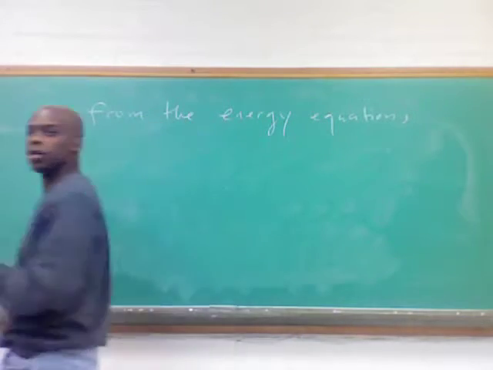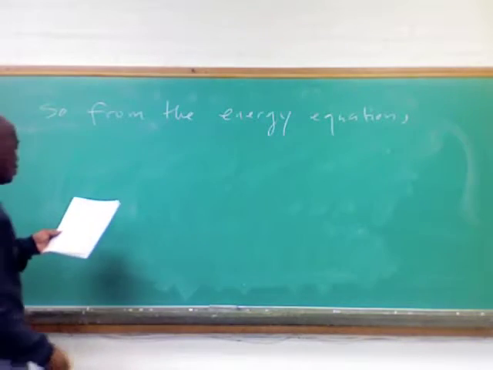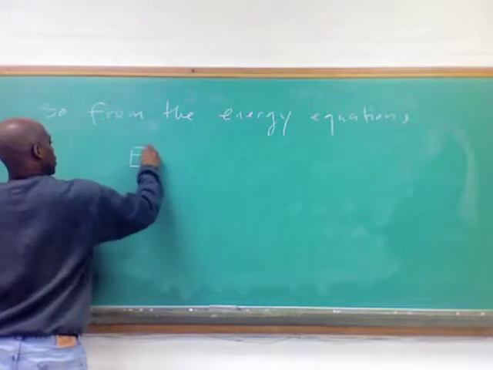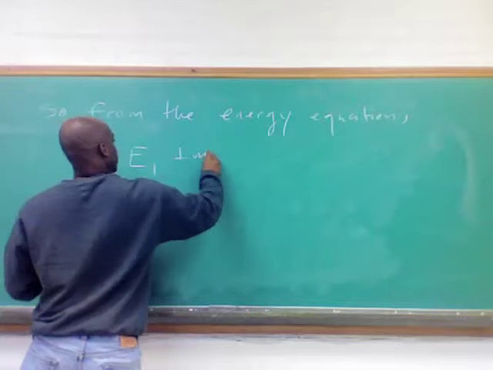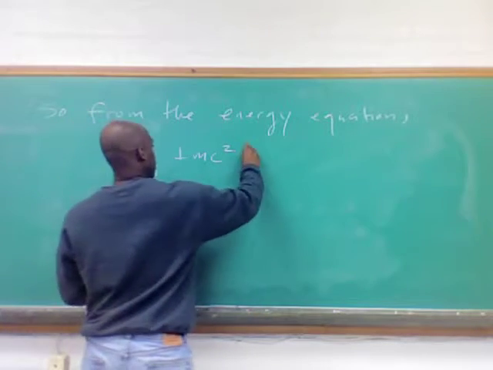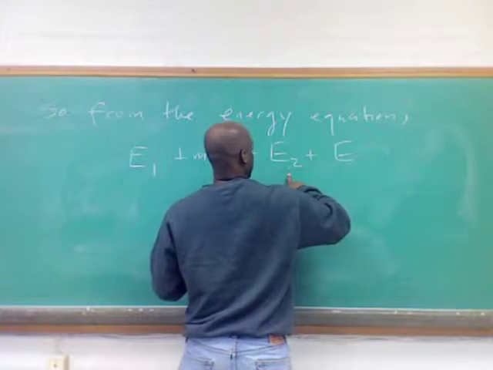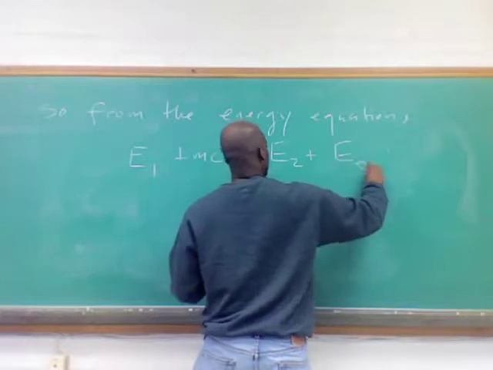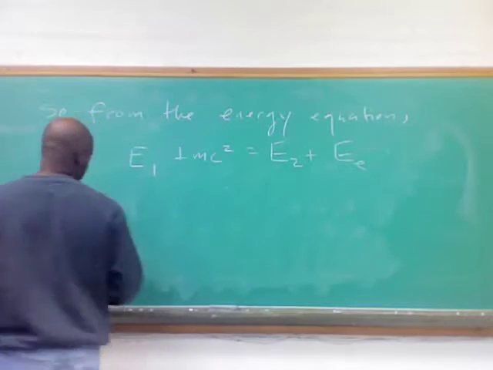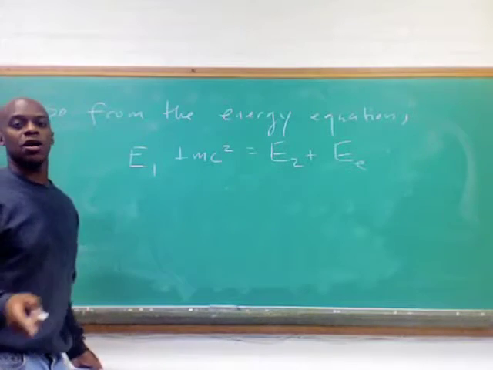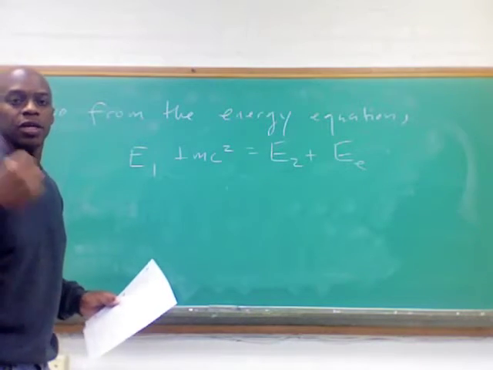From the energy equation, we've got E1 plus mc squared is equal to E2 plus the energy of the electron. We're plugging in the relations that we just saw for the momenta and the energy.